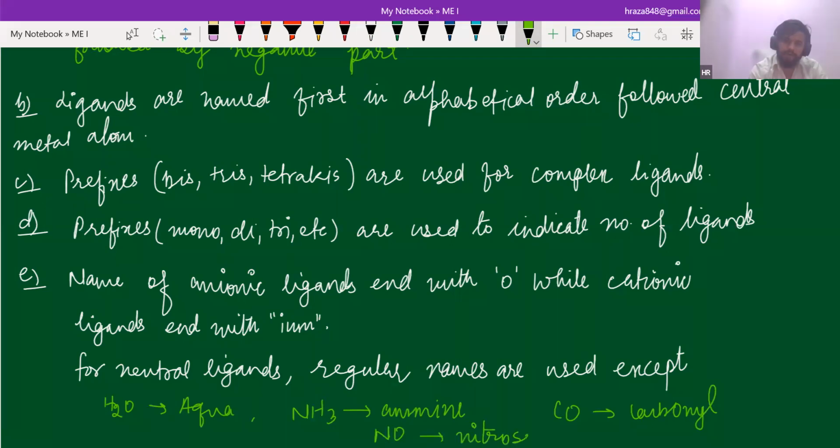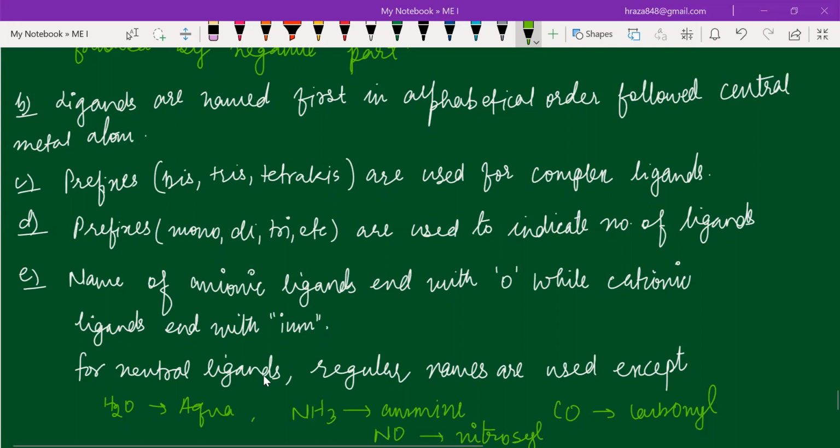So please do write up to this and then let me know. It's very easy. Sir, could you read what's written after cationic ligands end with? And with IUM. Whatever the name is, in the end it will be written IUM.